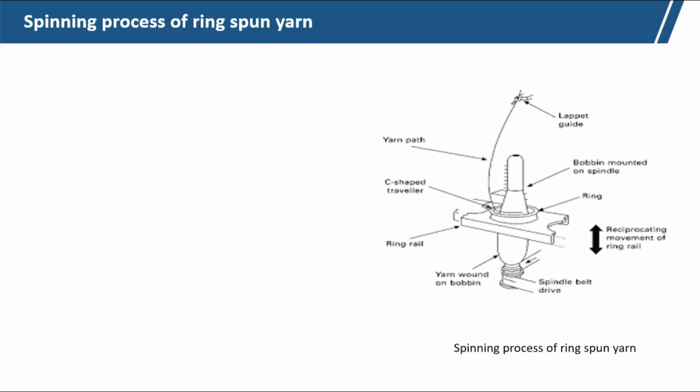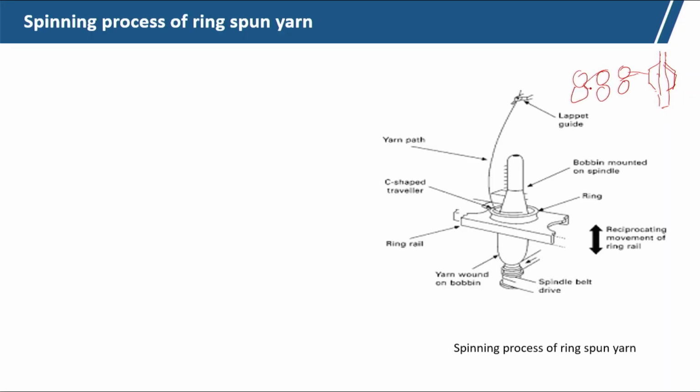Now, this is the ring spinning process, where the roving is fed at the back, and from the roving it goes to the drafting rollers.